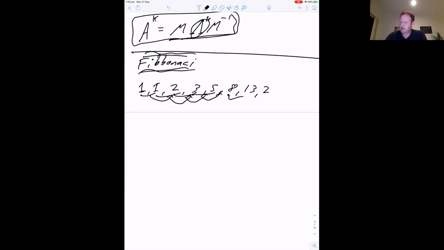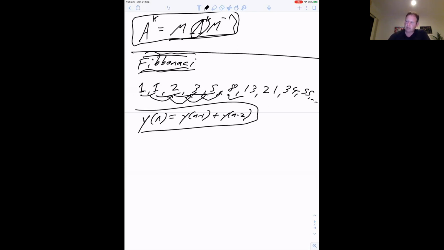One more: 21. One more: 34. And one more: 55. And the thing goes on forever. So it's like y_n is y_{n-1} plus y_{n-2}. This is a recursion, a second order linear recursion.